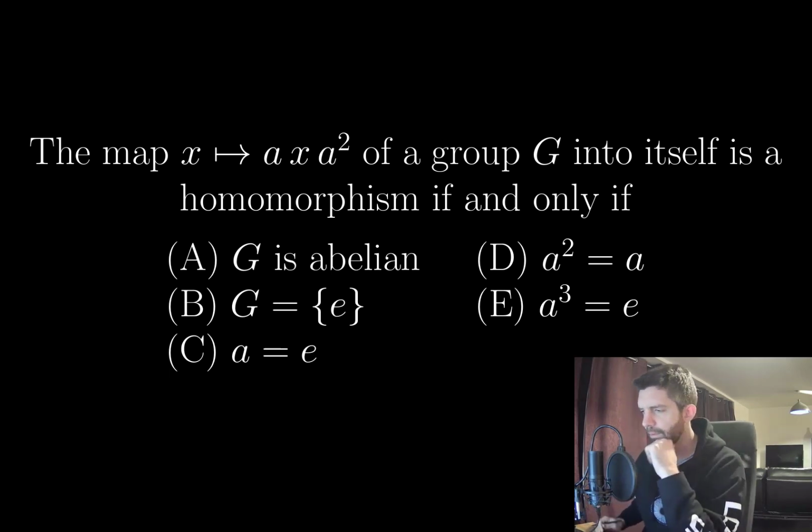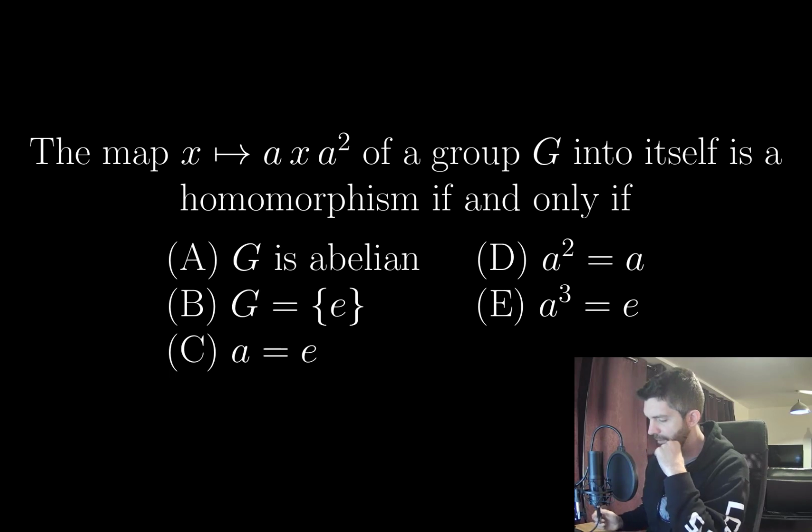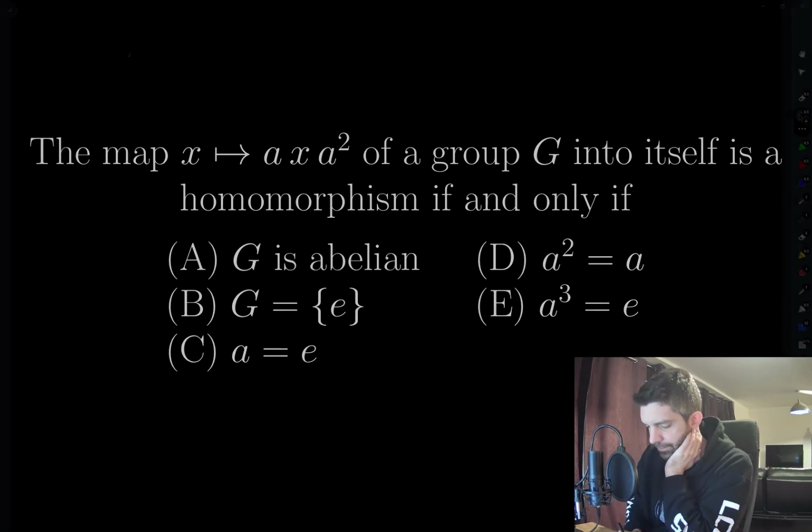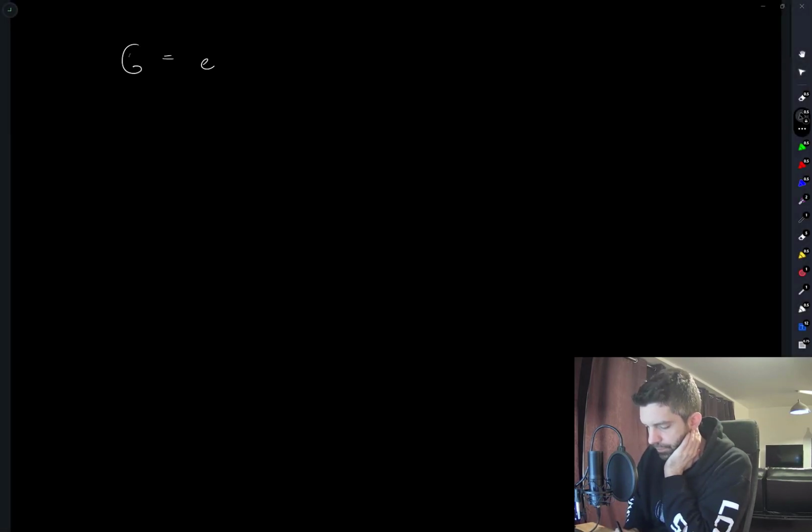It's been a long time since I've worked with trying to verify, for example, that something is a homomorphism. I mean, if G is equal to only the identity, this certainly works, right?